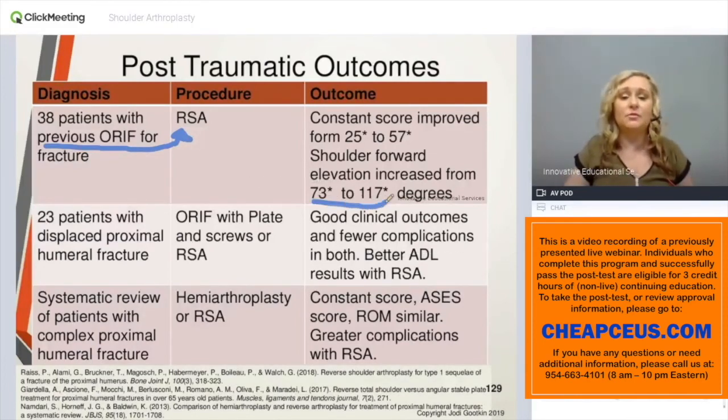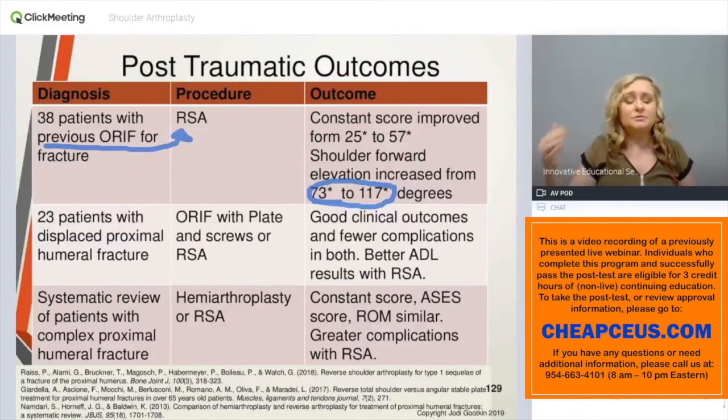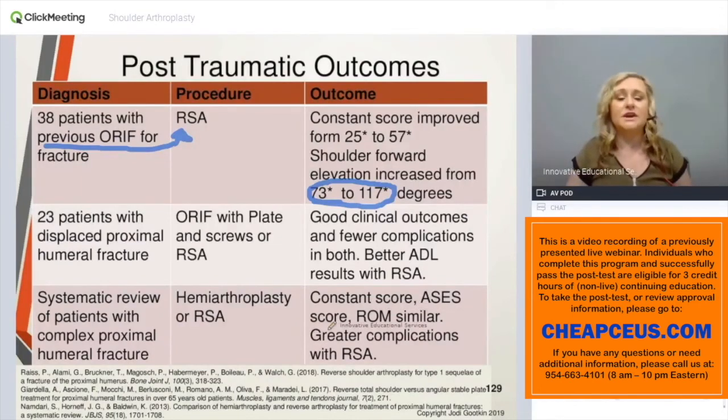They had significant improvements in that range of motion, looking at about that 50% plus improvement that we were seeing. And this was mirrored in several other studies, that following these patients who opted either initially or later on for that reverse shoulder from a fracture, they're seeing significant improvement in their function.